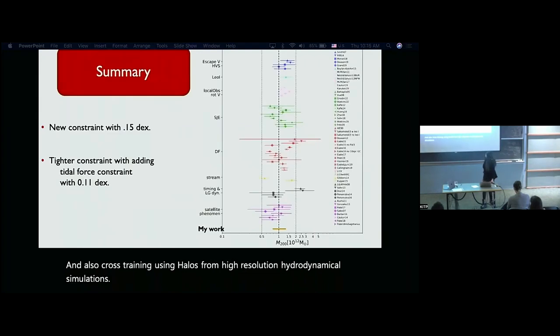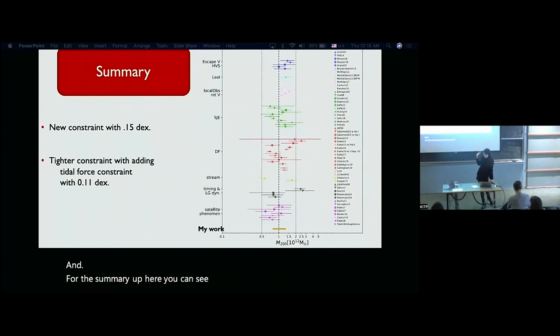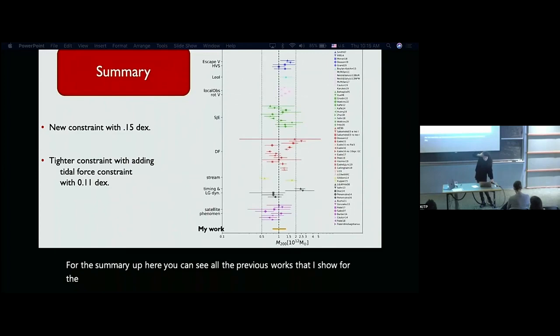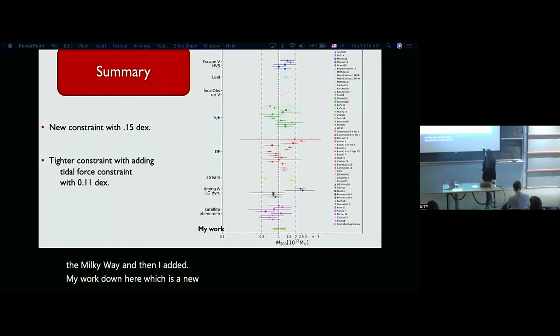For the summary, up here you can see all the previous works for the Milky Way, and then I added my work down here, which is a new constraint, and we can see it's tighter than all other work that we have here, at about 0.15 dex.